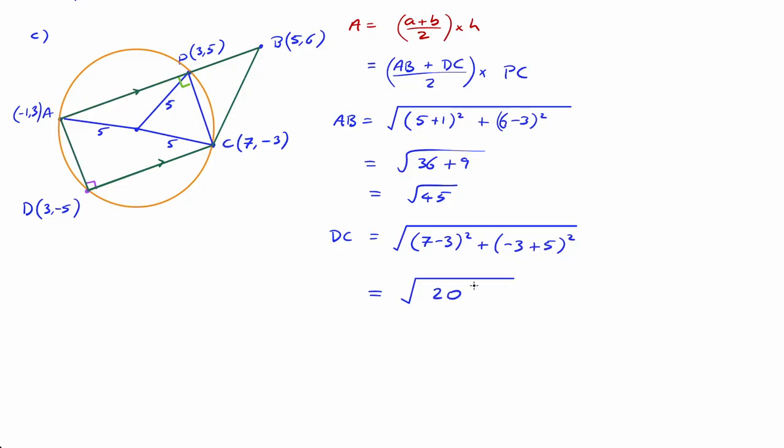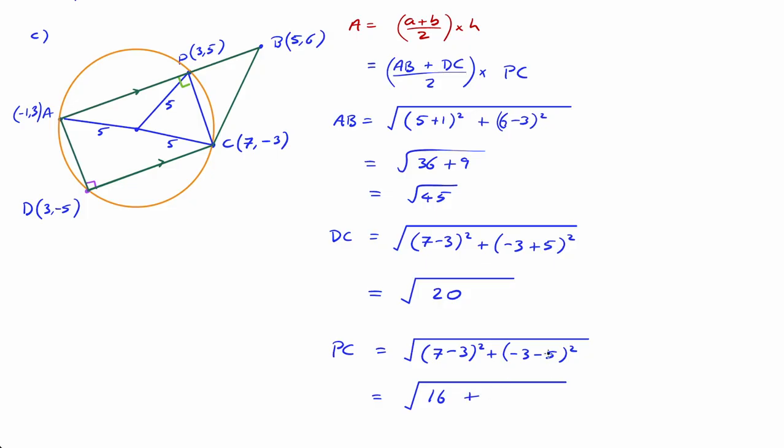So DC is root 20, and then let's get PC. The length PC is 7 minus 3 squared plus -3 minus 5 squared. This is equal to 4 squared, which is 16, plus 8 squared, 64. That is equal to the square root of 80. Okay, so now I have my lengths.